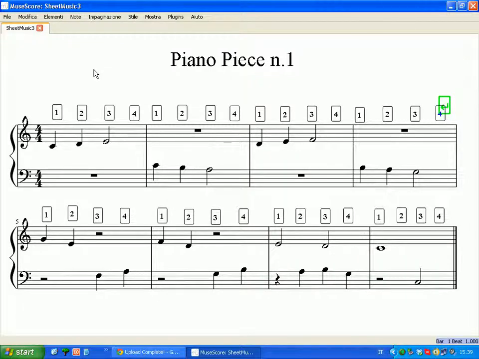Well, now we have to take a look at the left hand stuff, of course. And in this case, we have the same as in the previous example. I mean, it is not exactly the same. In the first bar, instead of having 3 notes, we have a whole note rest, but it is the same as the second bar of the above stuff.